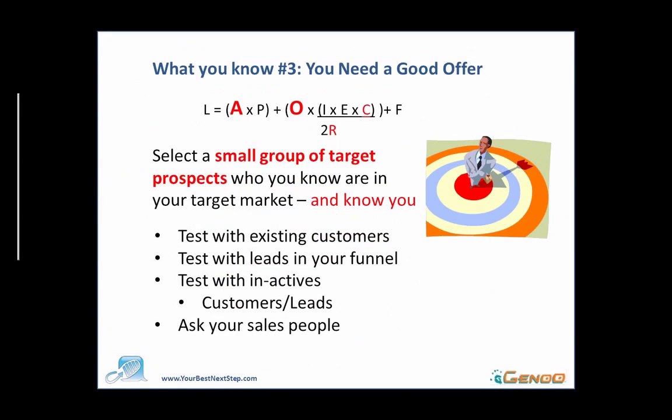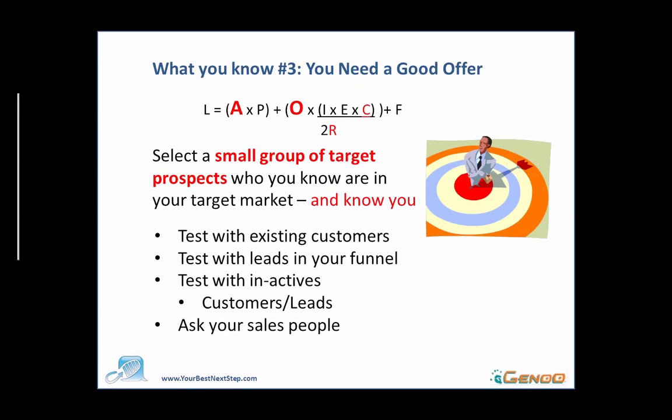And because they know us, we have some credibility with that audience, and the resistance, the risk they have in dealing with our offer, is reduced. So what we're doing is starting to isolate the offer and not confuse it with some of the other factors that go into a good lead generation campaign.